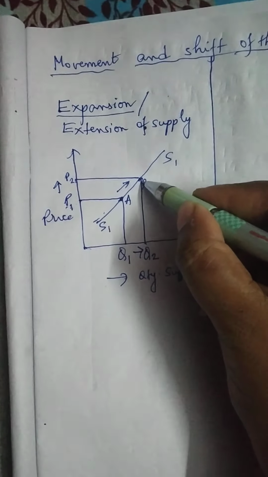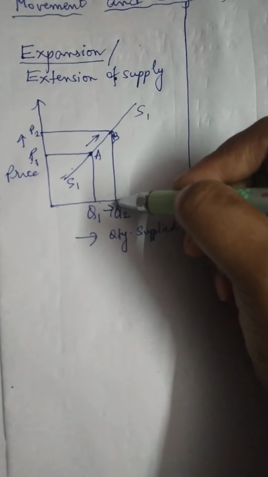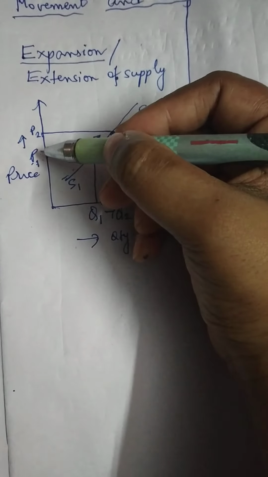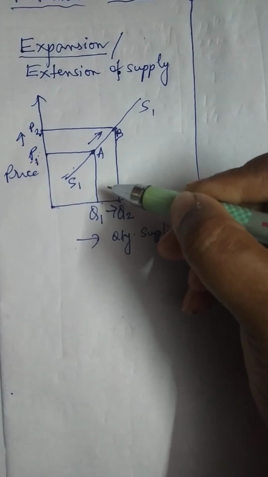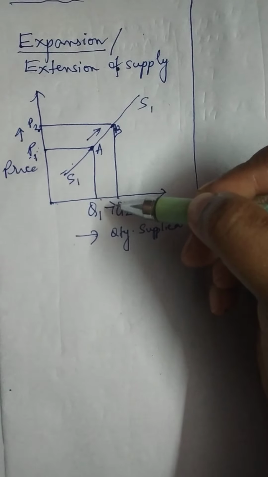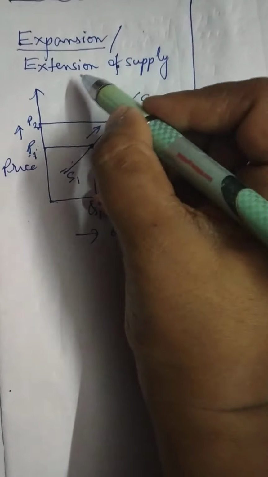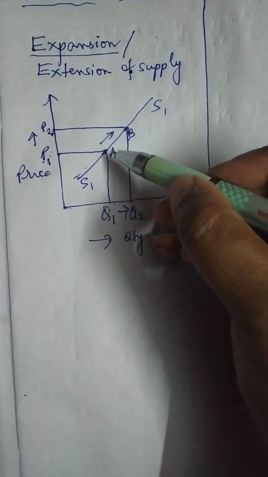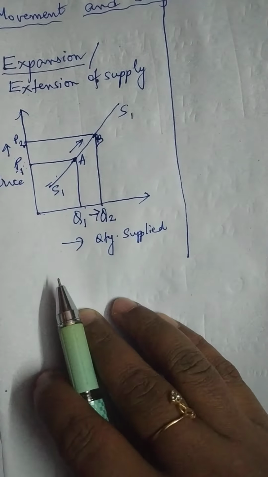So what is expansion or extension of supply? When quantity supplied increases due to increase in the own price of the commodity, other factors affecting supply remaining constant, that is ceteris paribus, then we call it a situation of expansion or extension of supply where there is an upward movement along the same supply curve.